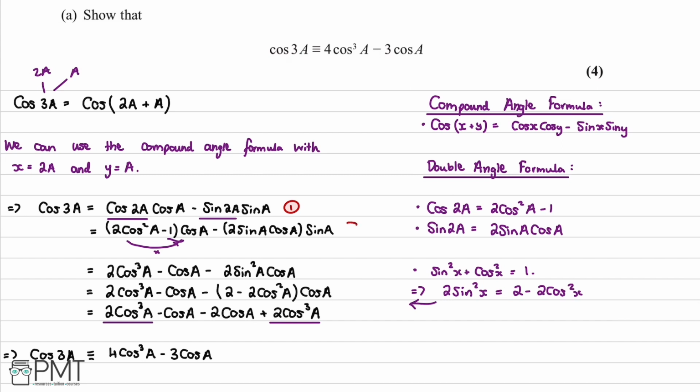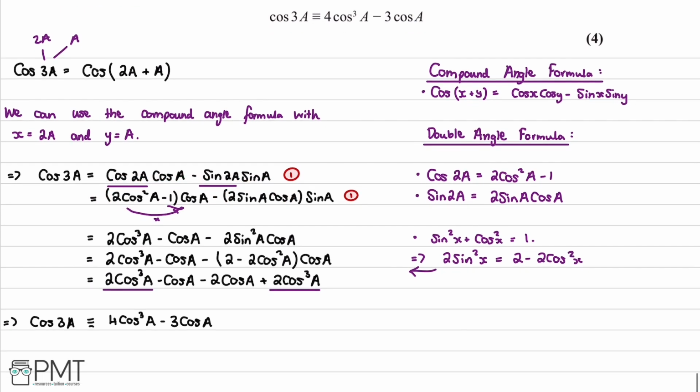So this was at this point here, we used the double angle formula here and here. And then thirdly, we receive our third mark for knowing to use the third trig identity. So this was this part here. And then we receive our fourth and final mark for concluding with the correct answer, which was cos 3A is equivalent to 4 cos cubed A minus 3 cos A.